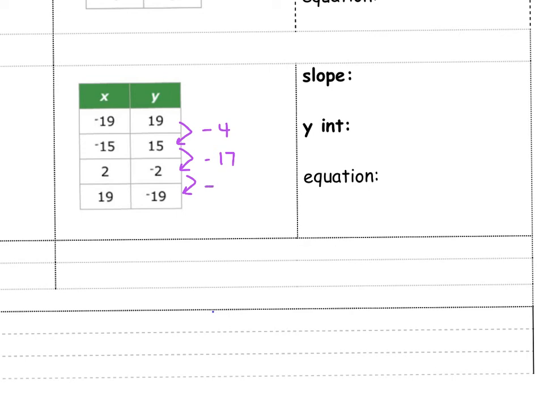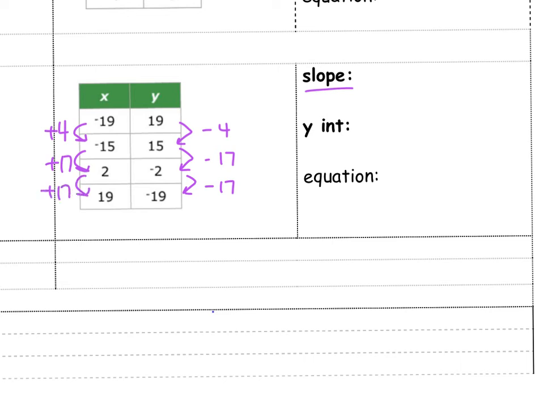Negative 2 to negative 19 is negative 17. My change of y isn't the same in every jump, and so I don't want to start thinking about my slope quite yet because we're going to have to do a little more math. But I can also find a change in my x values. Negative 19 to negative 15 is plus 4. Negative 15 to 2 is plus 17. 2 to 19 is plus 17.